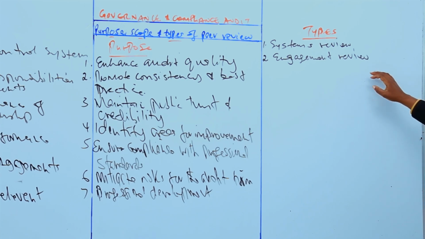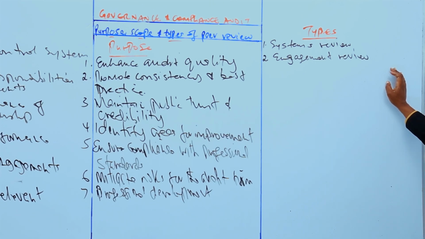Here, the scope is narrower compared to systems review because it focuses only on the selected engagement files rather than the entire quality control system. It provides no opinion on the firm's overall quality control system. It just determines whether specific engagements selected for review are performed and reported in conformity with applicable professional standards.